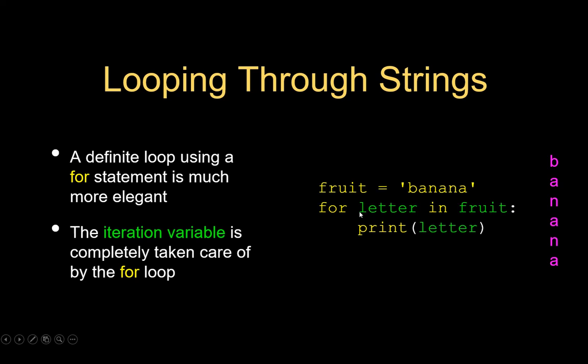It goes through the length of banana, which has 6 characters, so 0, 1, 2, 3, 4, 5. This for loop is going to run 6 times, starting from 0 to 5, and we just print the letter, our iteration variable. So our output is basically banana written in this format.